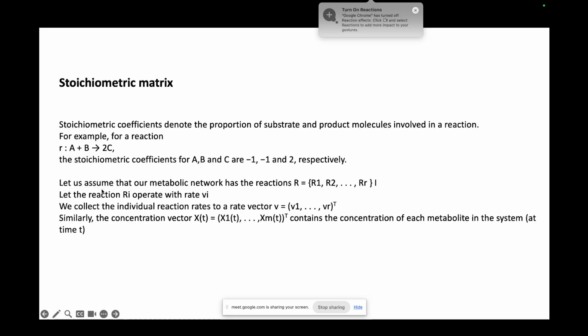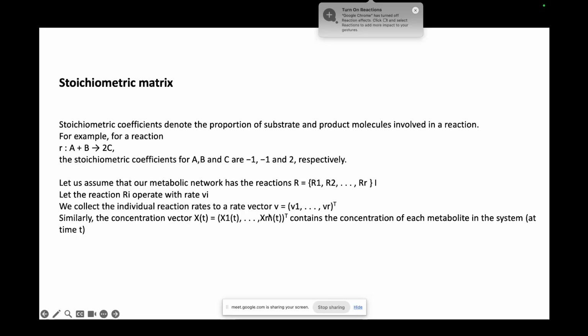Assume one such reaction is Ri, one of R1 to Rr, and the rate is Vi. If you collect the individual reaction rates v1, v2, v3 up to vr and turn them into a vector, it is the transpose of this row matrix, so you convert it to a column vector.